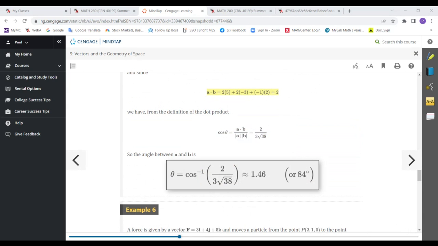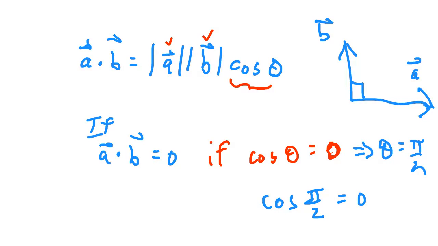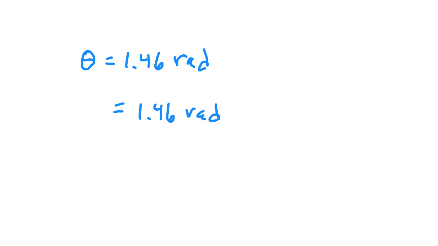So you all know, right, if your theta is 1.46 radians, and you want that in degrees, okay, how many degrees are in pi radians?